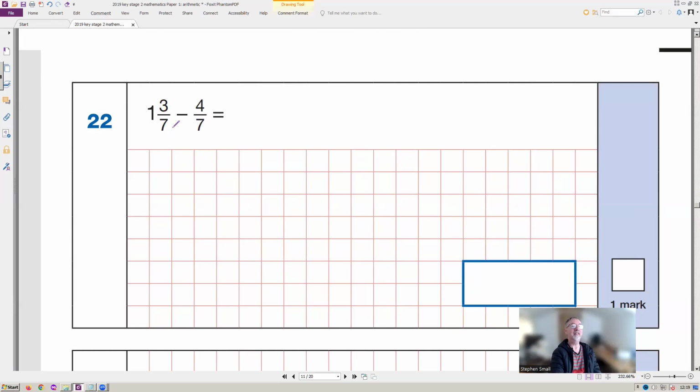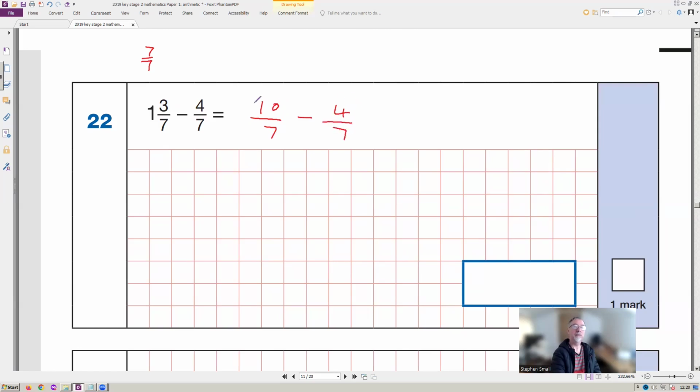Right. 1 3/7 minus 1 4/7. Well, I'm going to change this all to sevenths. But the 4/7 is bigger than the 3/7, so it's going to eat into this 1 a bit. So let's change it all to sevenths. That 1 is actually 7/7. 7/7 is a whole number. 7/7 plus the 3/7 is the same as saying 10/7 minus the 4/7.